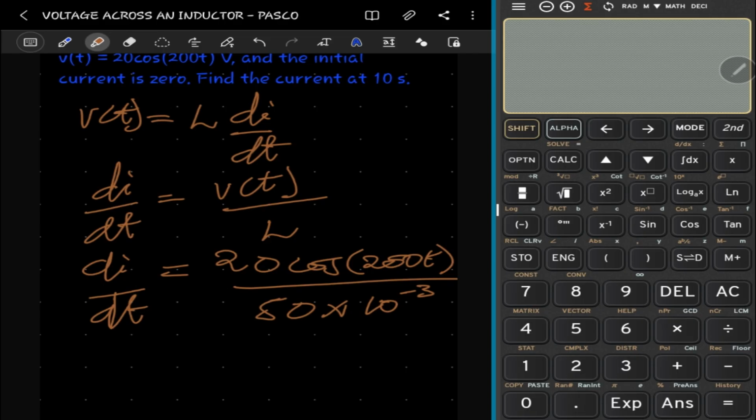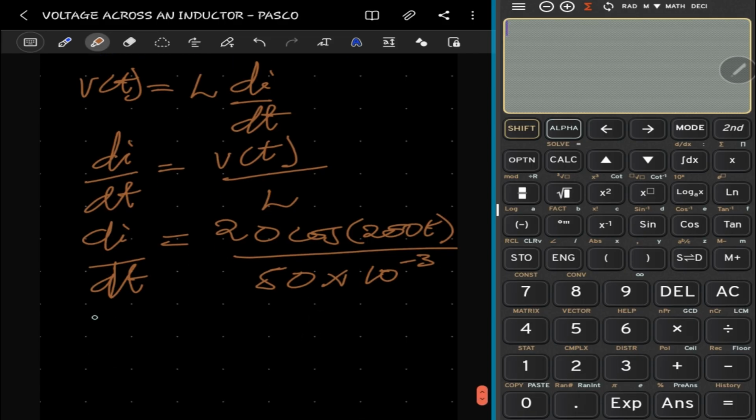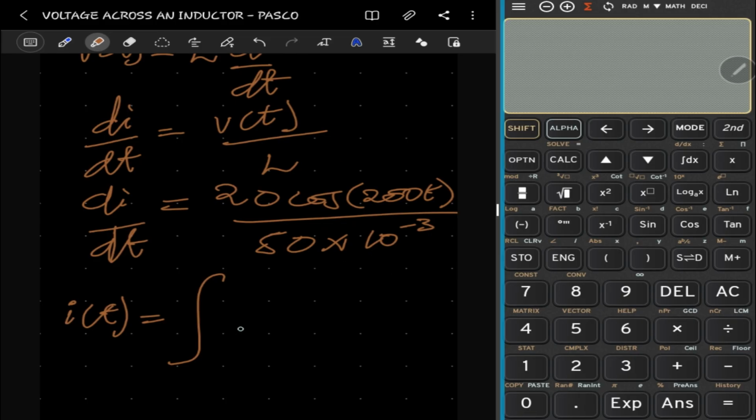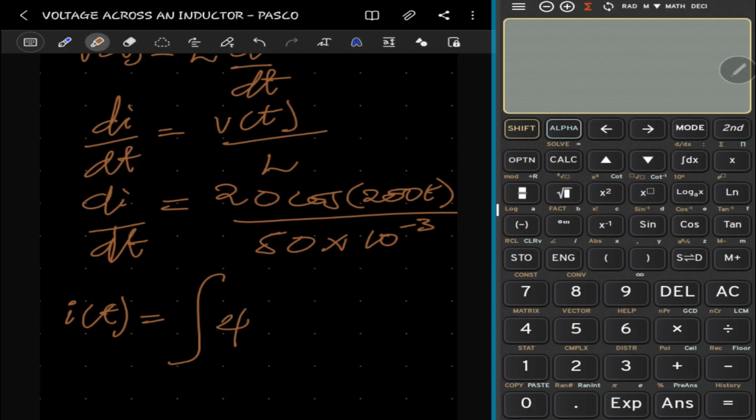So that means that if we want to really find i, then we have to do integration, right? So i, which is a function of time, is basically the integral of this. And when we simplify all this, let's punch it in.